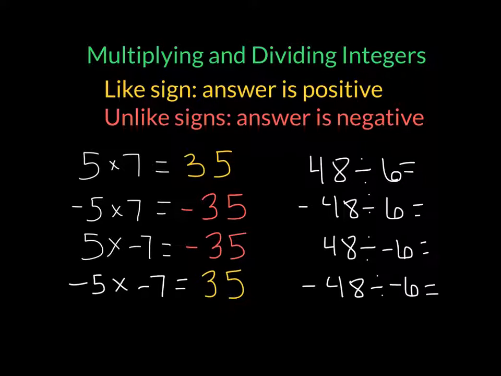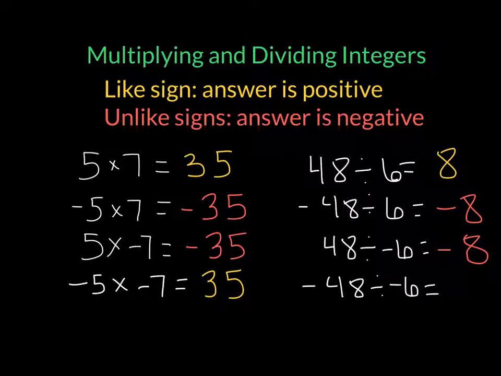Same thing with division, 48 divided by 6. Those are both positive, so my answer is positive. Negative 48 divided by 6. The signs are different. One's negative, one's positive. They're unlike, so my answer is negative. 48 divided by negative 6. Once again, they're unlike, so my answer is negative.